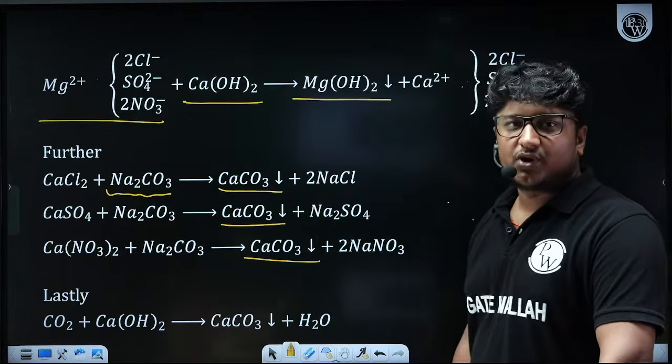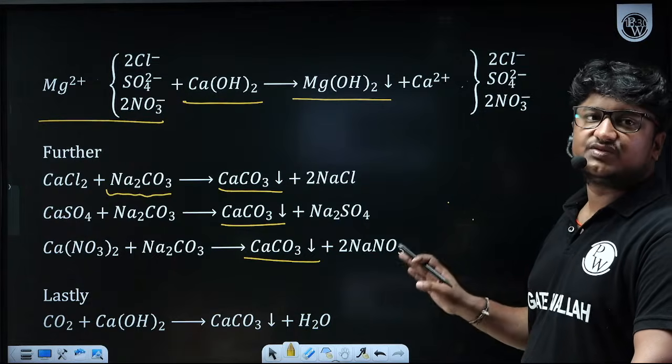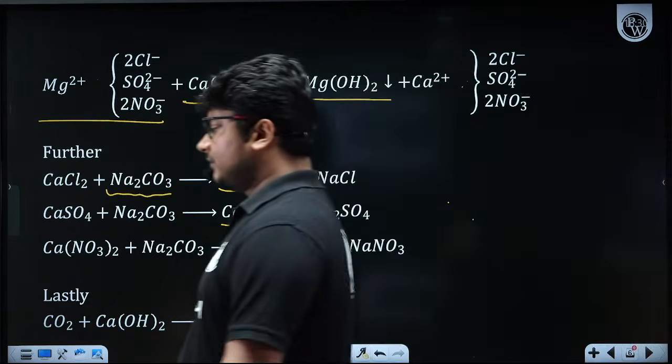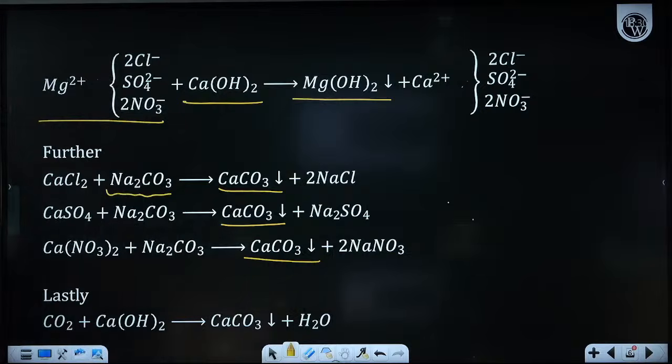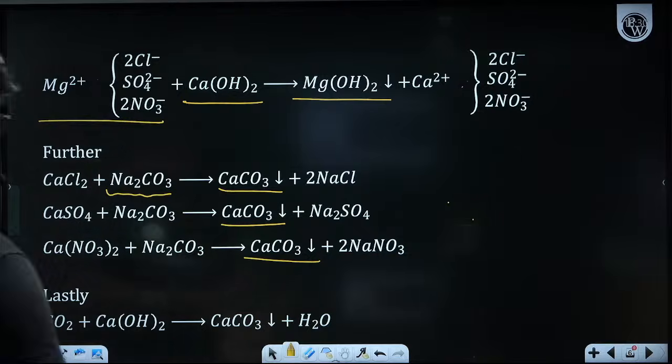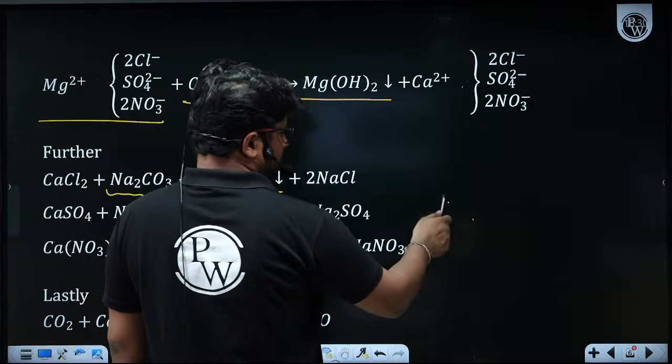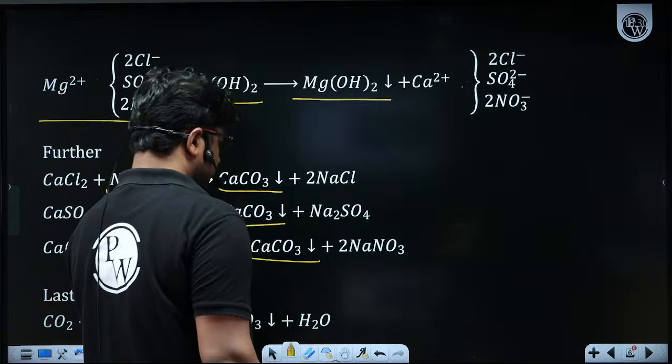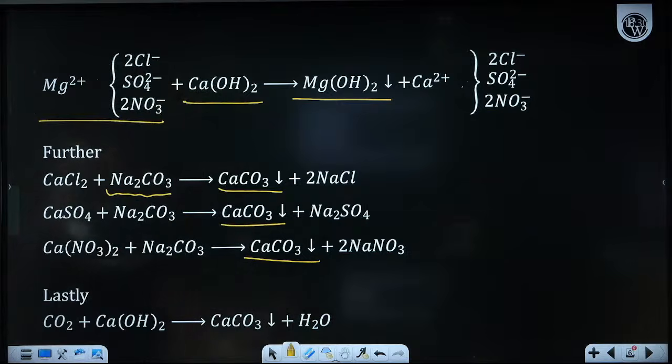You can remove temporary hardness as well as permanent hardness both comfortably. Is that clear to all of you?